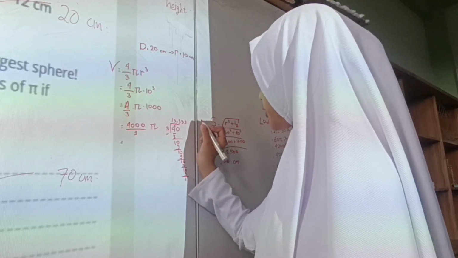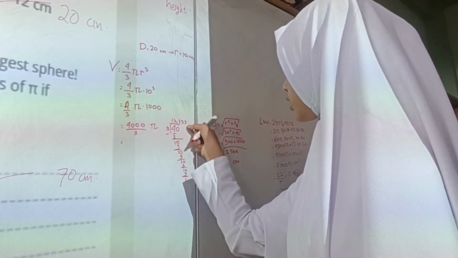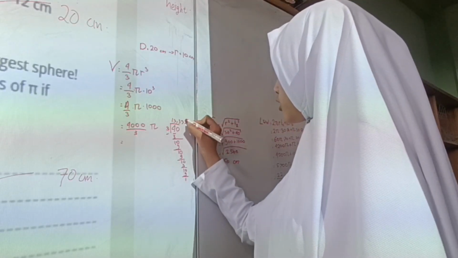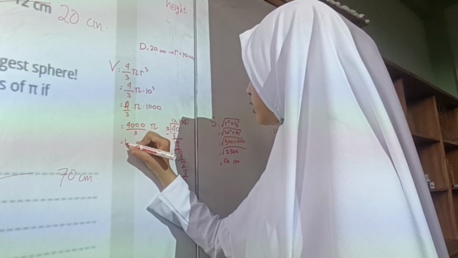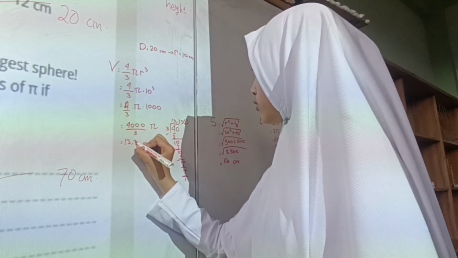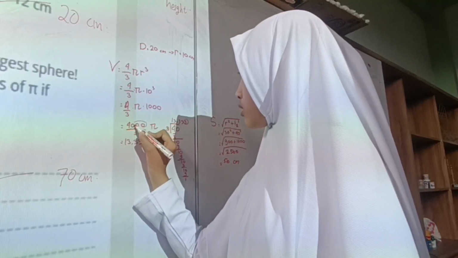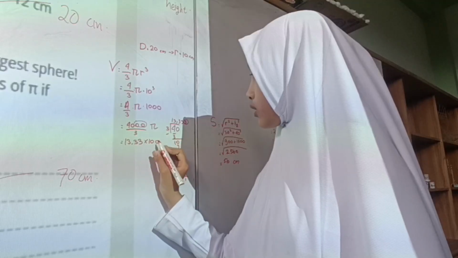Because as I said before, if the third number behind the comma is under 5, the second number stays. So because here we have 3, the result is 13.33. And because of the 0 here, we will add 0 times with 100.